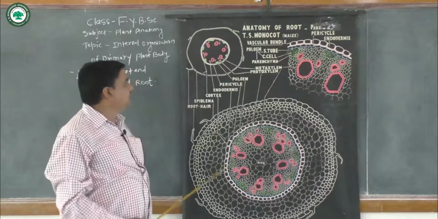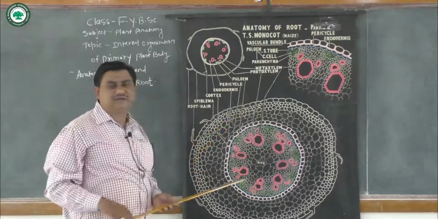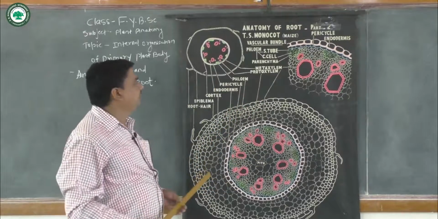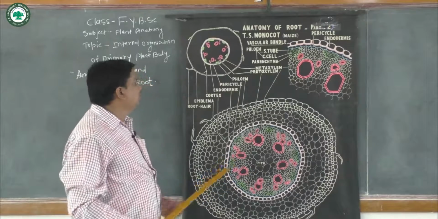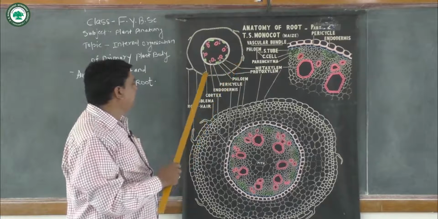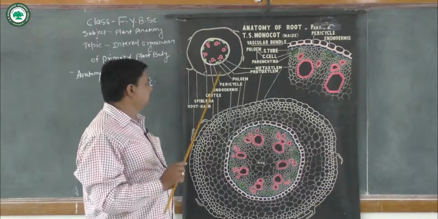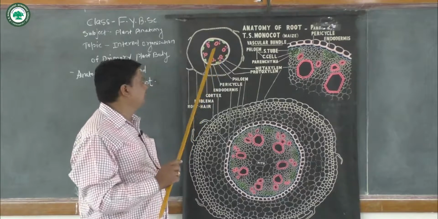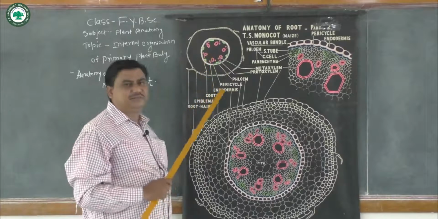Here there is again a monocot root, for instance the example of the maize root, Zea mays. So this is the ground plan, and this ground plan consists of epiblema, then cortex, then endodermis, pericycle, and again vascular bundle.